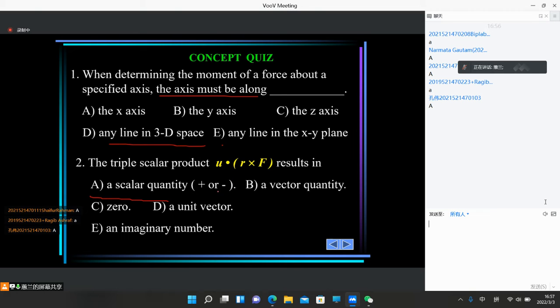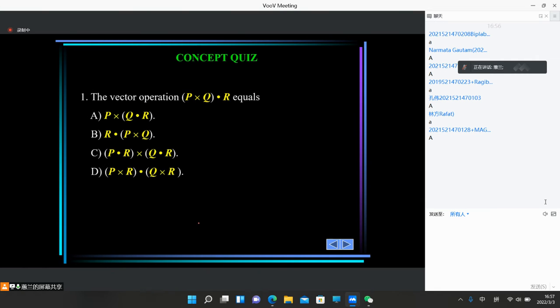But it can be positive, it can be negative. It depends on the angle between the two vectors. If the angle is smaller than 90 degrees, it's positive, or larger than 90 degrees, it will be negative, okay? So the answer should be A.